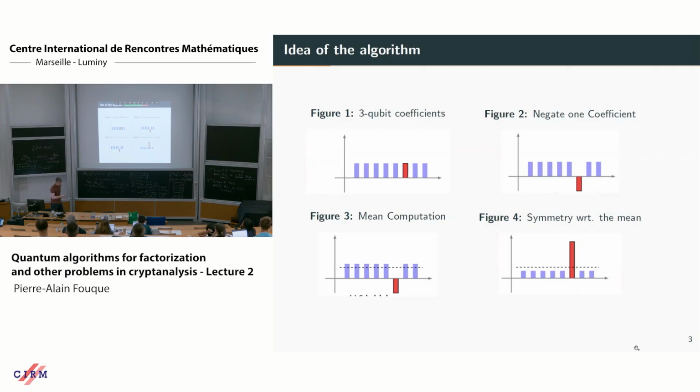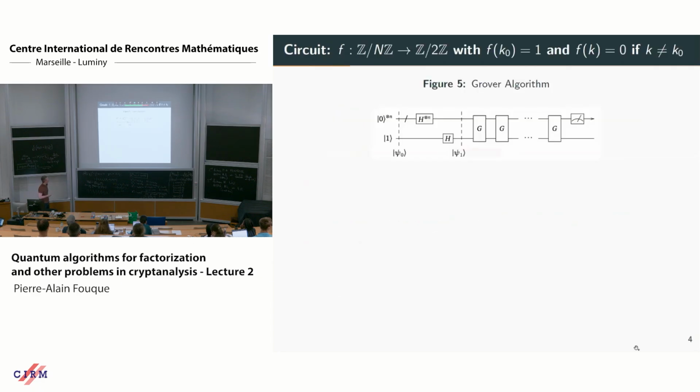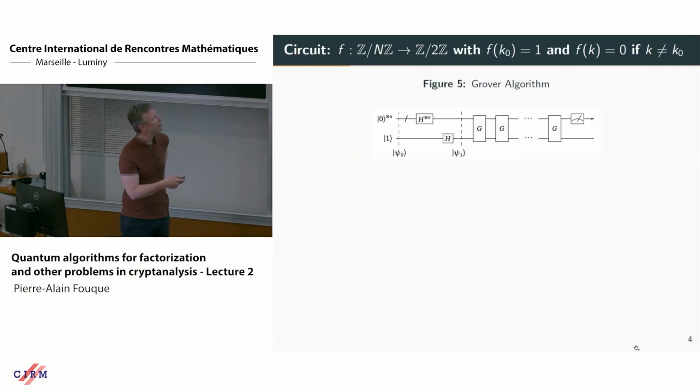Okay, so I now have to explain how it works. Basically, the idea is the following. You start here with the superposition of all the different values, and here you have n qubits, and at the end, on the n qubits, you will observe the index of the value that you are looking for.